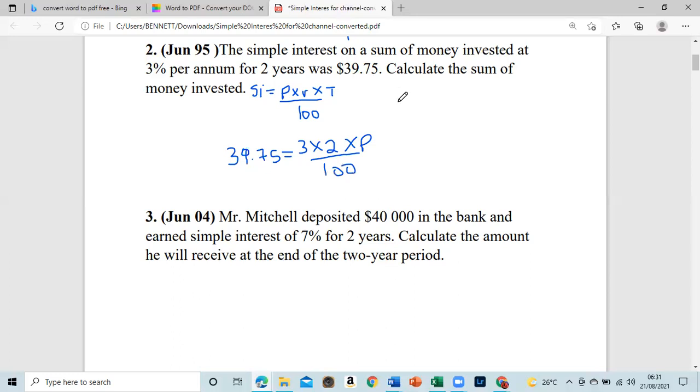So the principal equals 39.75 times 100 because we're transposing, divided by 3 times 2.